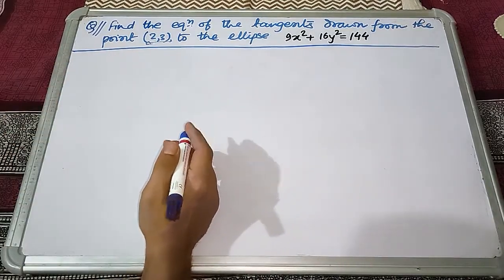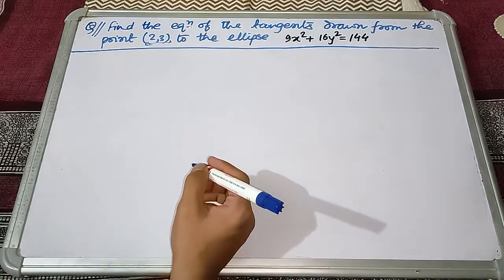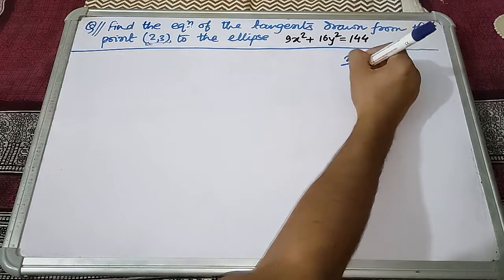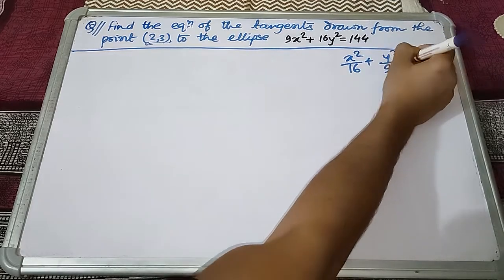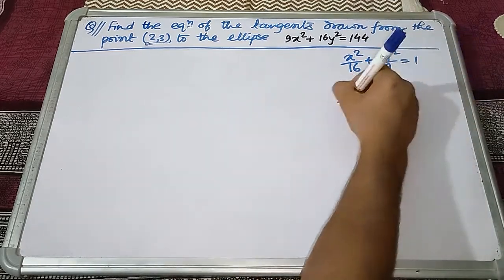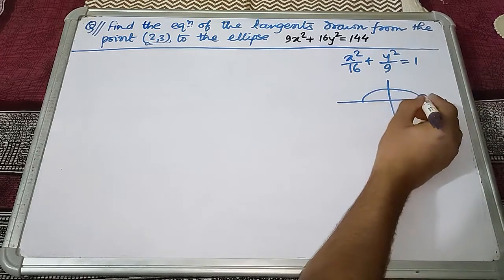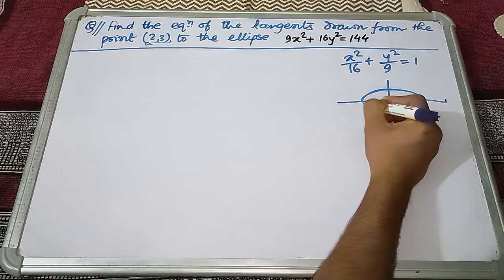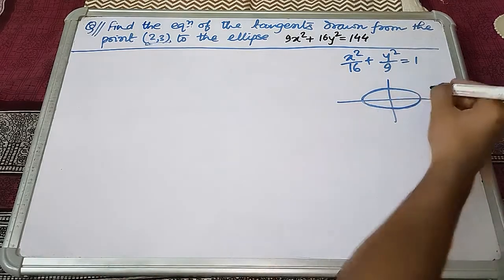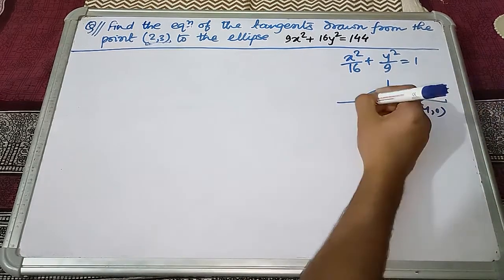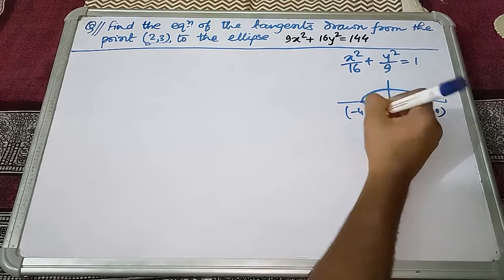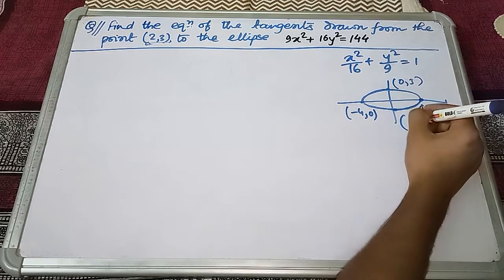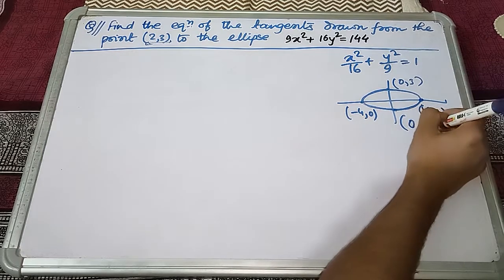Can we plot this ellipse for just a rough idea? If we write this, it becomes x square by 16 plus y square by 9 equals 1. Thus, we will have somewhat of an ellipse like this. And these endpoints will be 4, 0, minus 4, 0, 0, 3 and 0, minus 3.